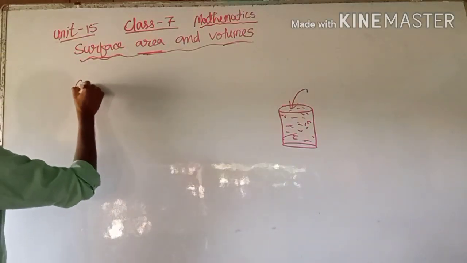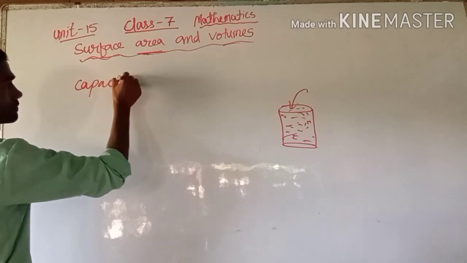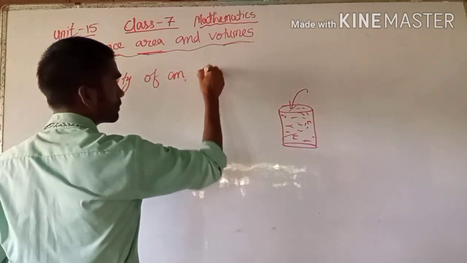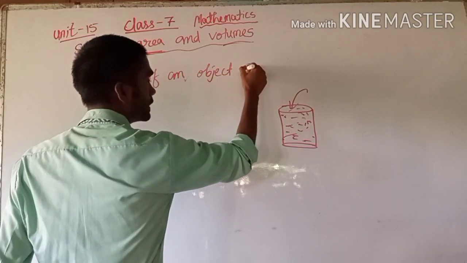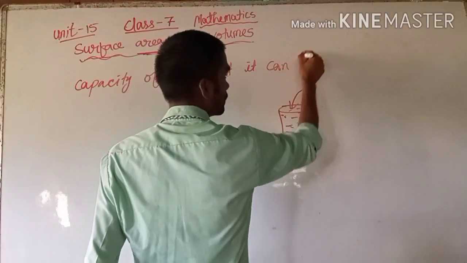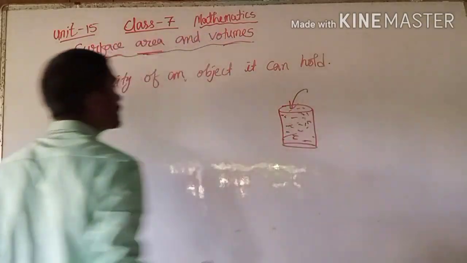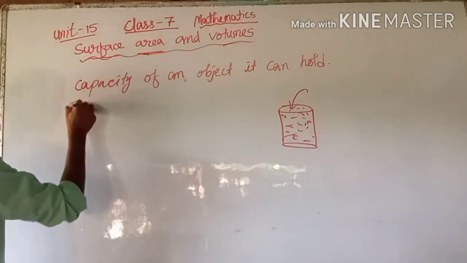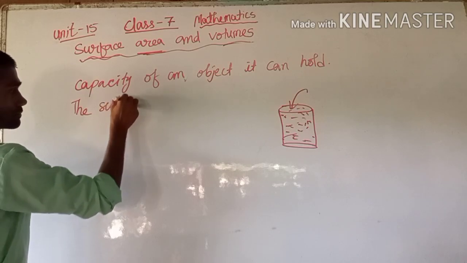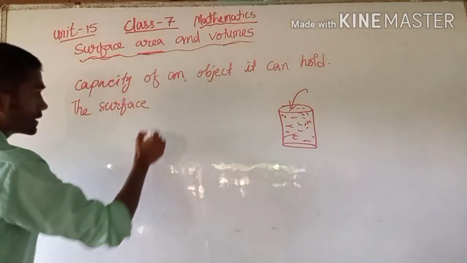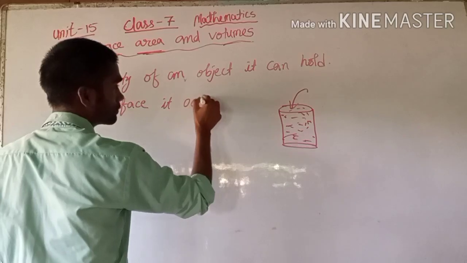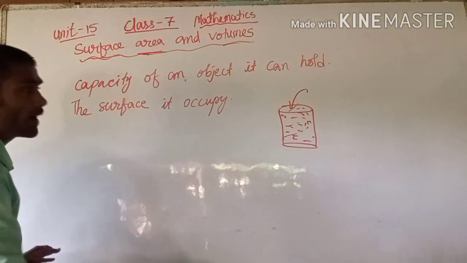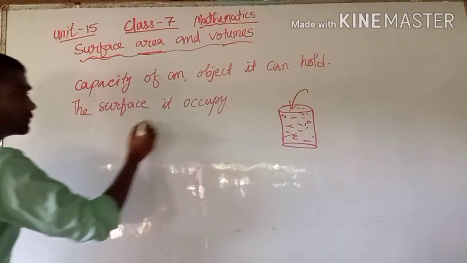We will talk about the capacity of an object, what it can hold, and next the surface that it occupies, the amount of space required for that object.